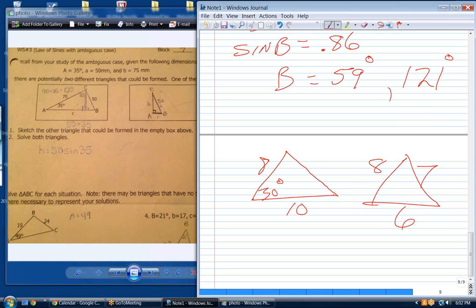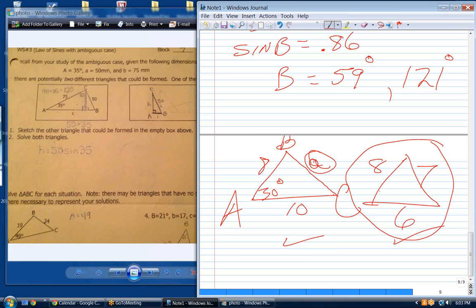Yep, that is how you do it. In other words, you always have to use the law of sines, but in these two cases, you have to begin by using the law of cosines. The law of cosines will give you this side, side A. Then once you have side A, you have a side and its opposite angle, and you can finish the triangle by using the law of sines.